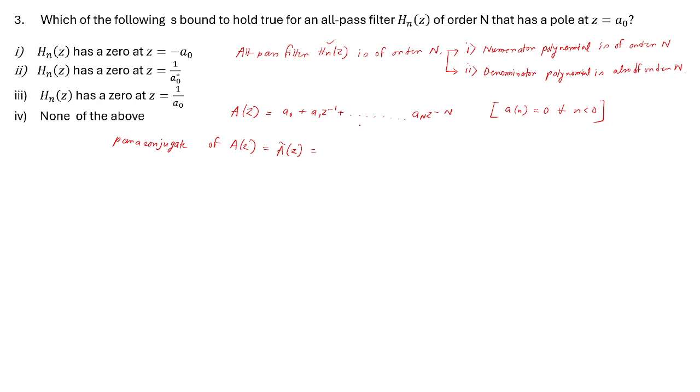We take the coefficient conjugation, that is take the complex conjugate of all the coefficients, that is we replace a0 by a0 star, a1 by a1 star. On top of that we take the inverse complex conjugate of Z instead of Z and replace it. That way we get an star times 1 over Z star to the power minus n.